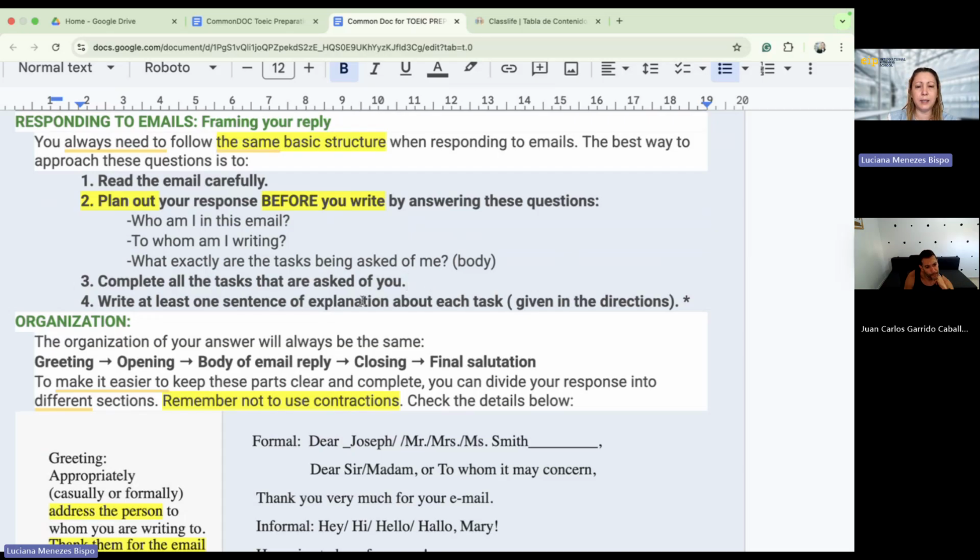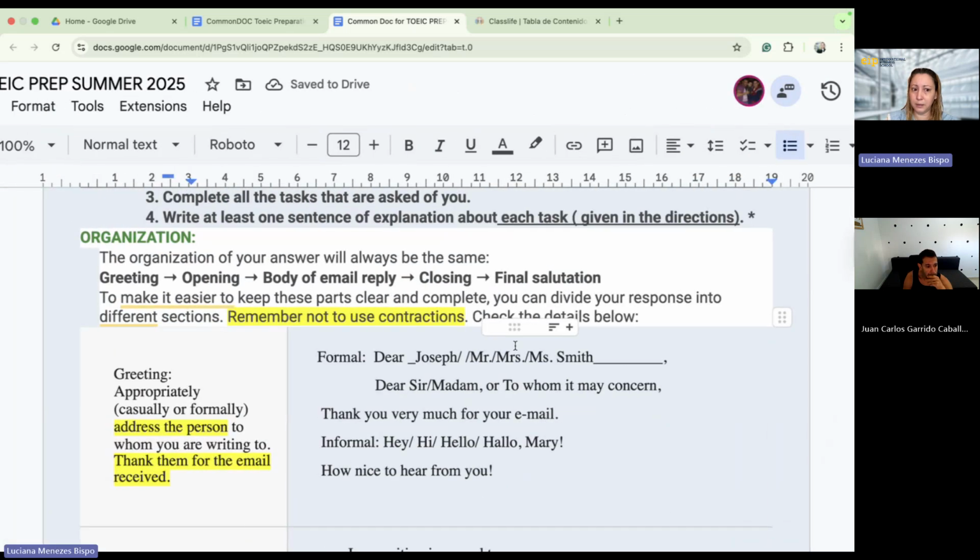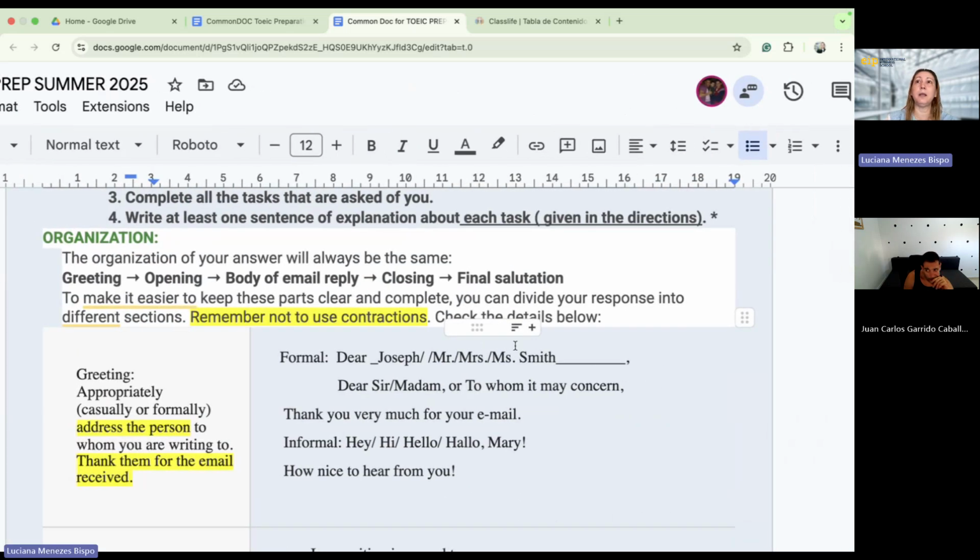Write at least one sentence of explanation of each task given in the directions. Let me underline this. Because, again, maybe not the nerves, but in this case, if you like what you are writing about, or the opposite, if you hate the topic of the email, you may forget what you were supposed to do.